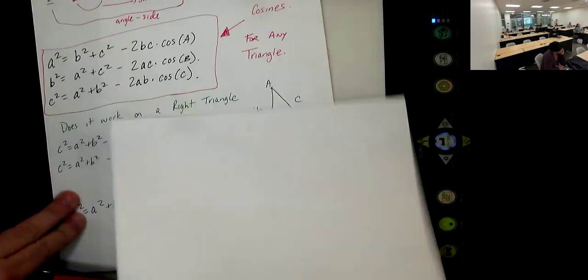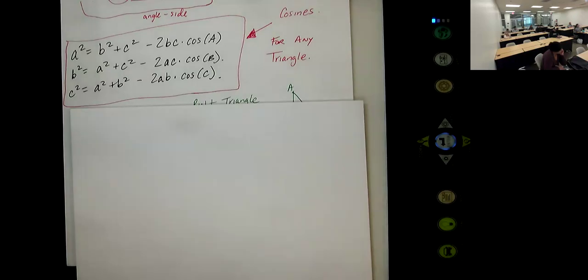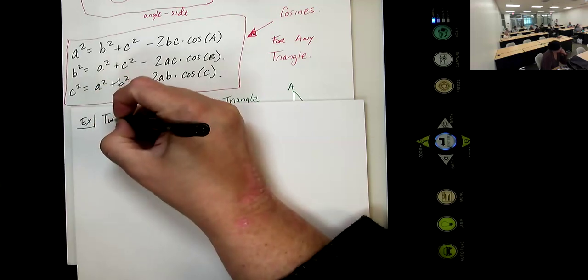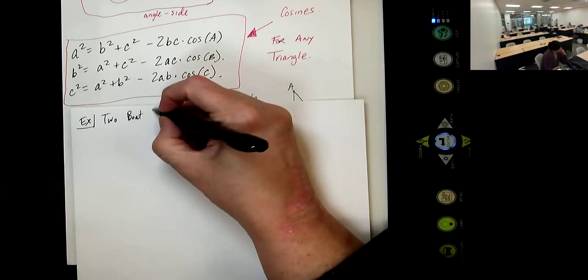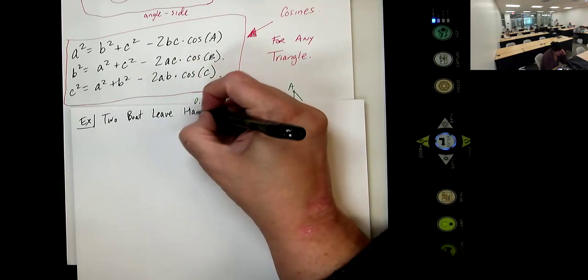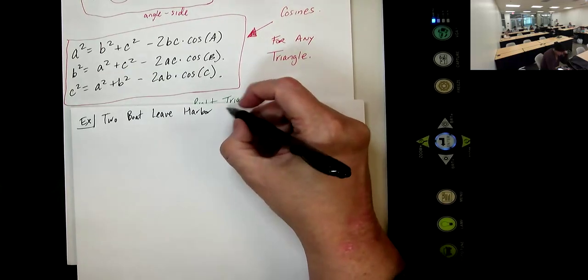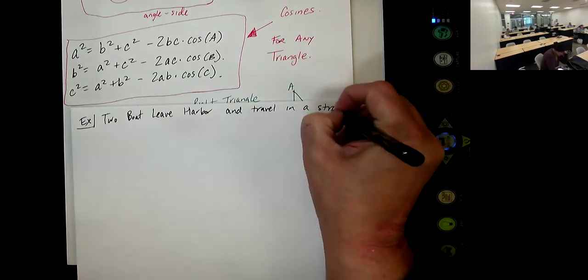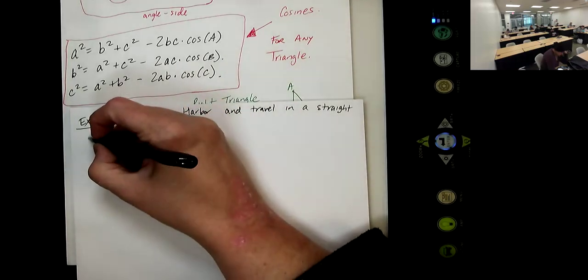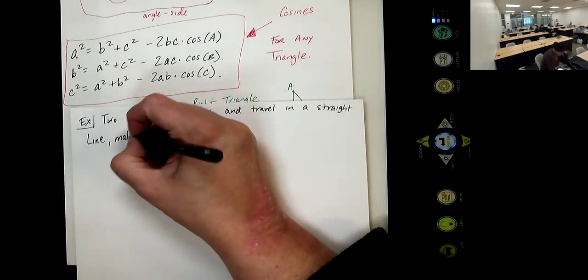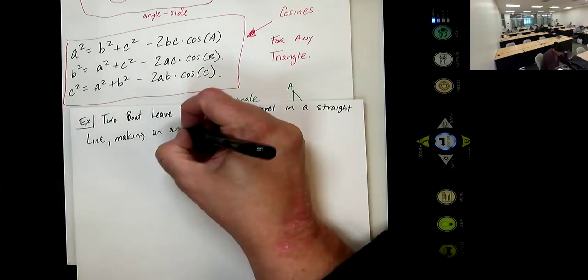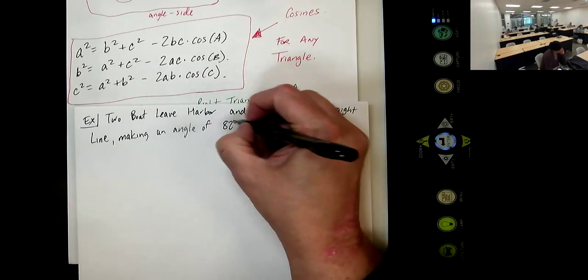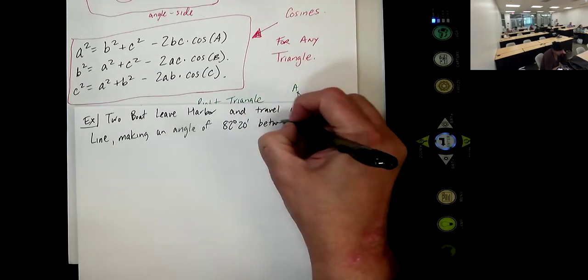Maybe I will leave that where we can see the equations. Alright, so we got two boats, they leave harbor and travel in a straight line, making an angle, let's go with 82 degrees, 20 minutes, between the directions of travel.